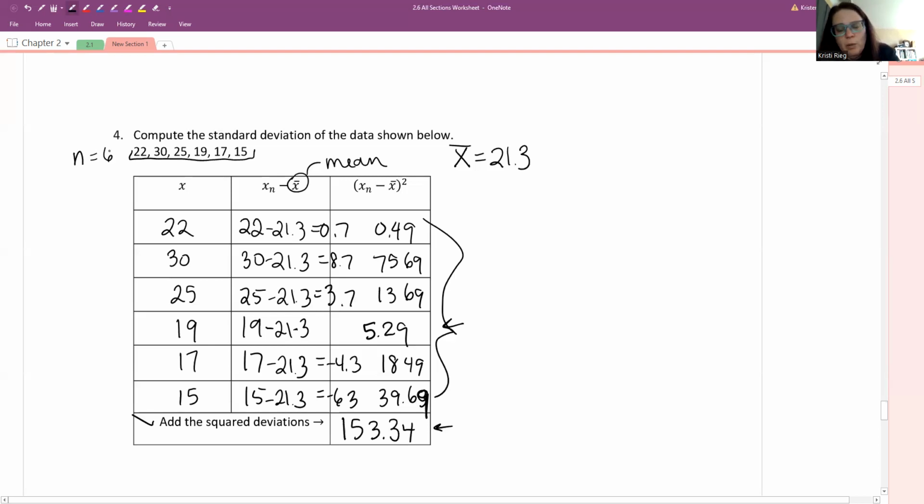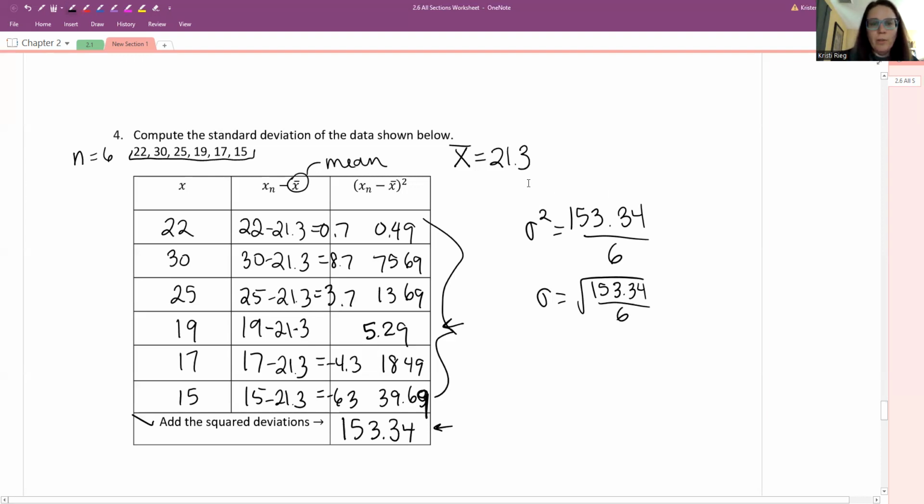So we are going to do 153.34 over 6. That's going to equal our sigma squared. And then finally, we are going to take the square root.